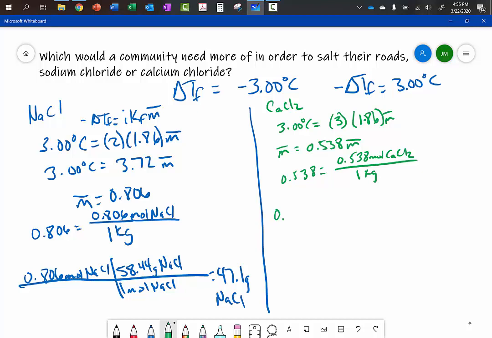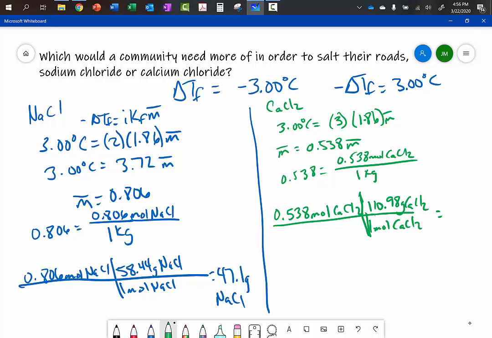So how many would that be in grams? Well, I can just do my dimensional analysis. I get 110.98 grams of calcium chloride for every 1 mole of calcium chloride.